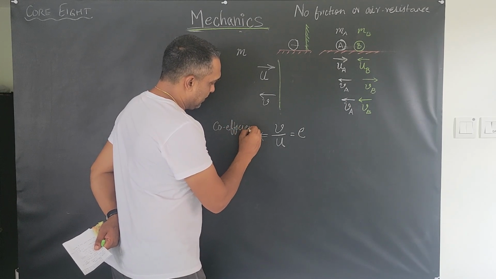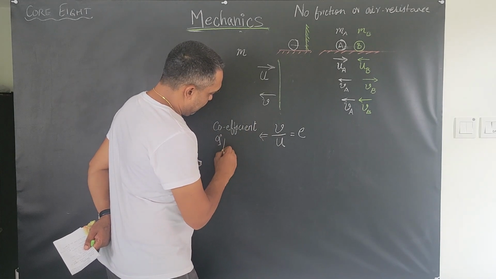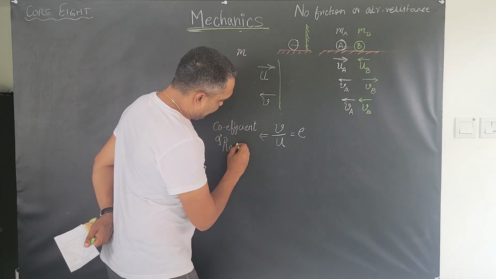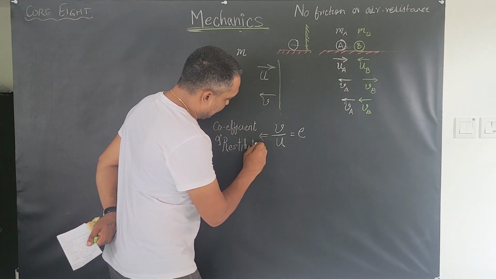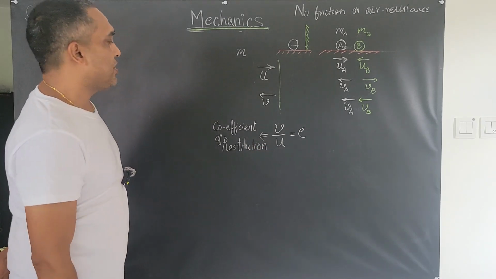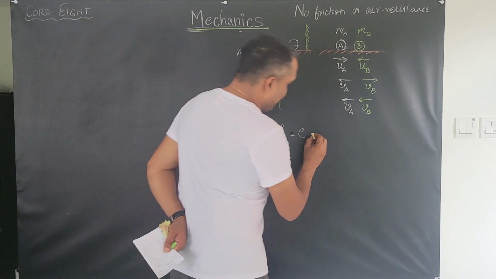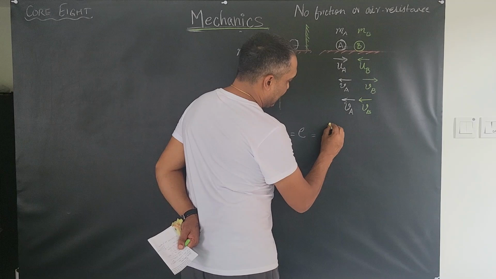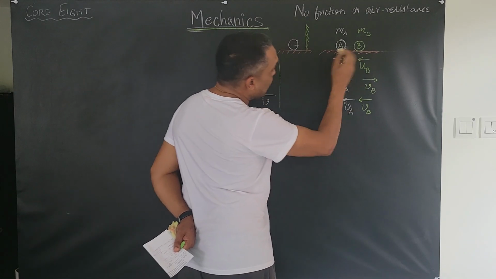Coefficient of restitution, quite a big word. I think I've spelled it right. In an average sense, it can be defined as the speed, because here I have two particles.